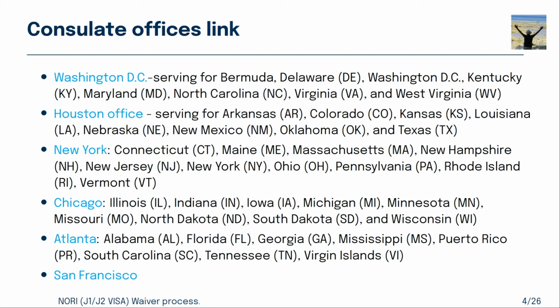For example, if you are working in New York, then you have to get attestation of documents from the New York consulate office. These blue colors are hyperlinked, and I will share the direct URLs in the comment section so you can directly access those websites.